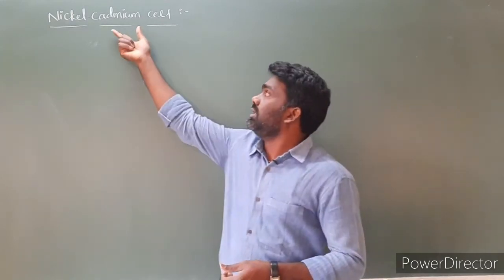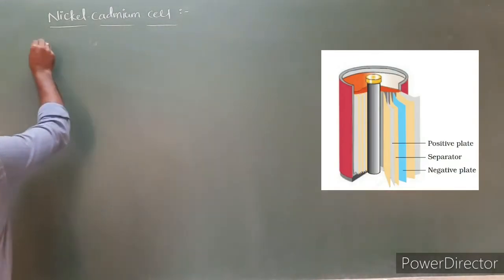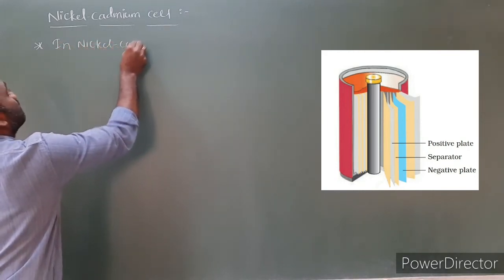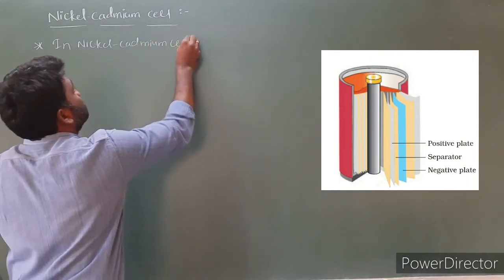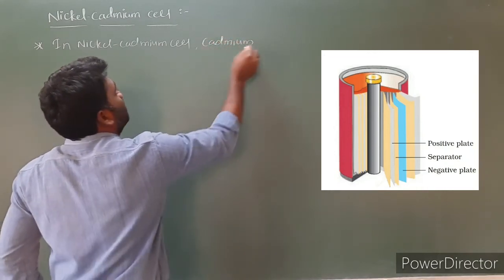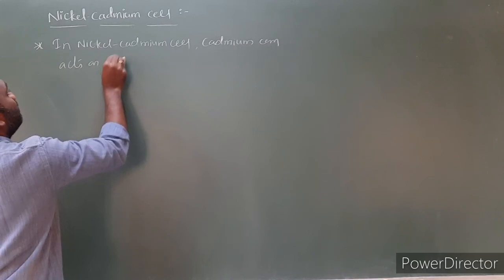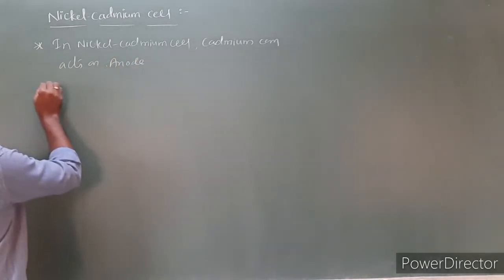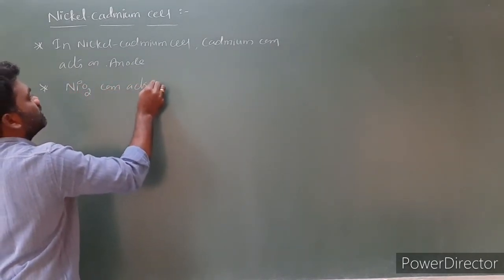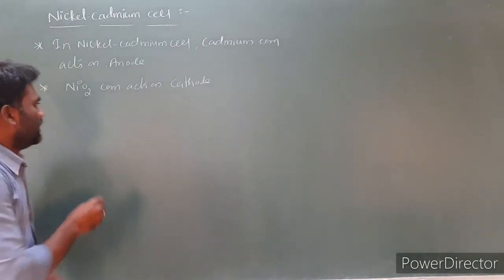In nickel cadmium cell, cadmium acts as the anode and NiO2 acts as the cathode.